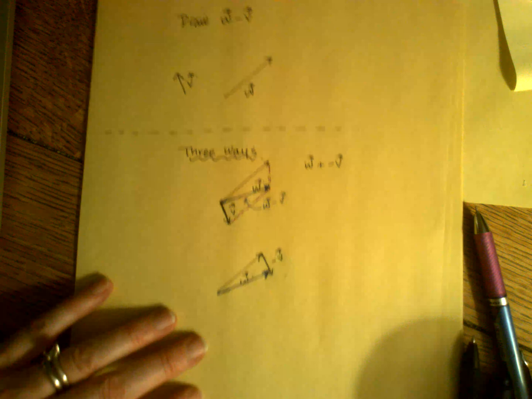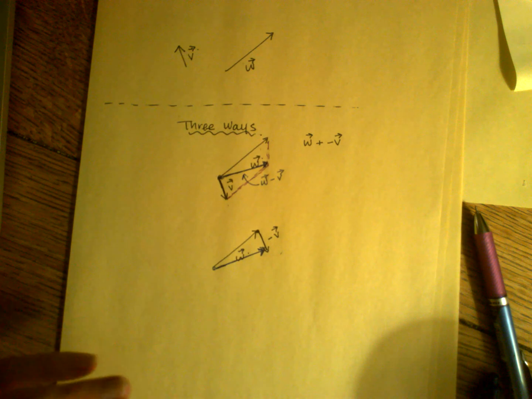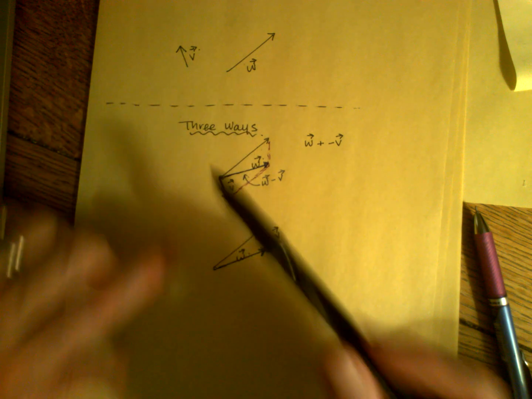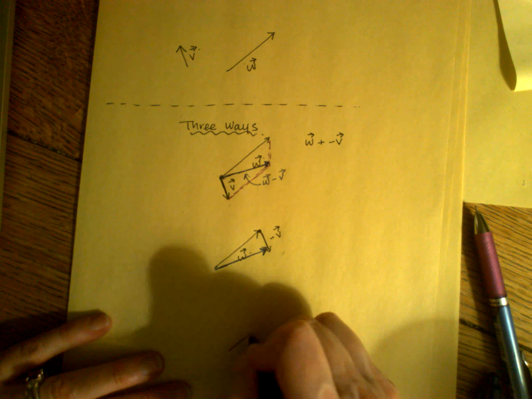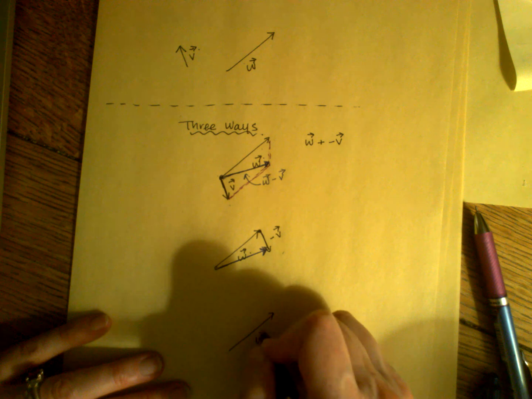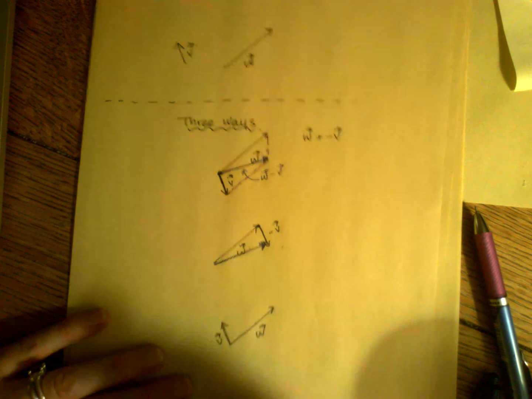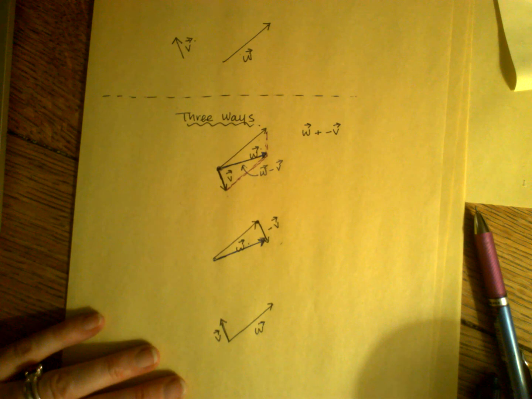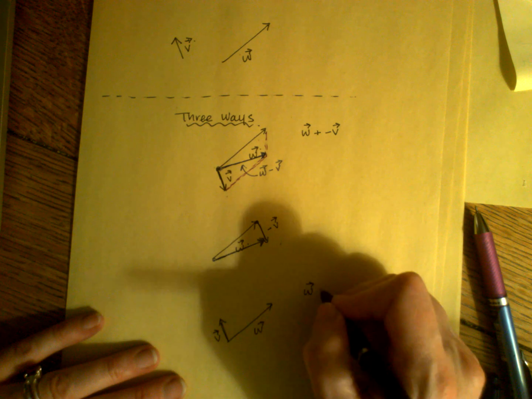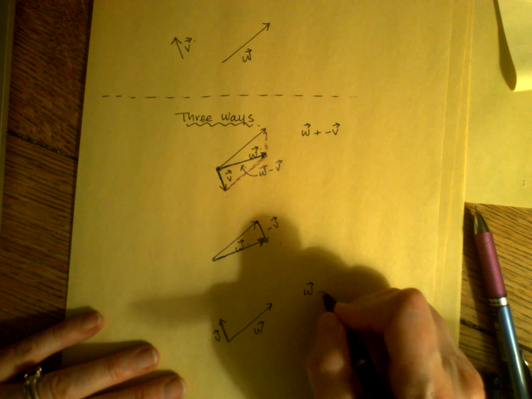And then another way to think about it is let's put them tail to tail. So here's W, here's V, and I'm trying to calculate W minus V. This is probably the way you're most likely going to think about it.